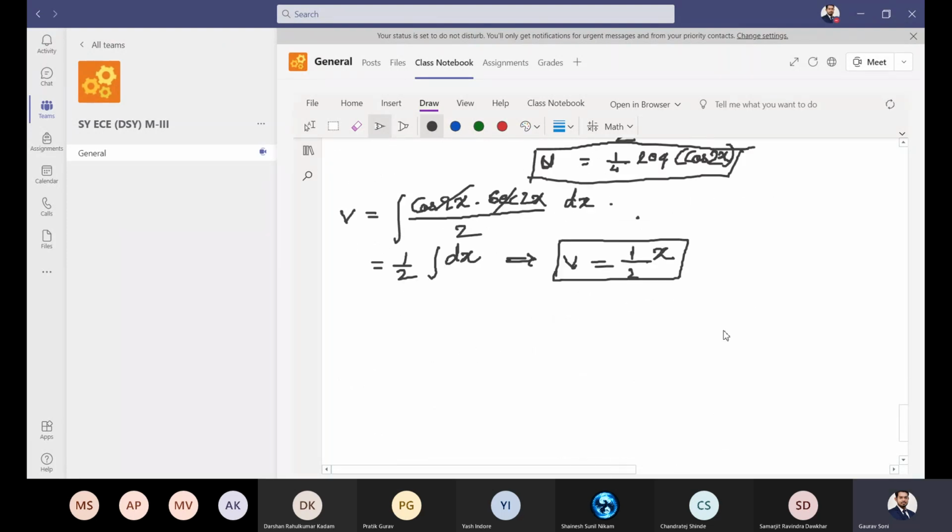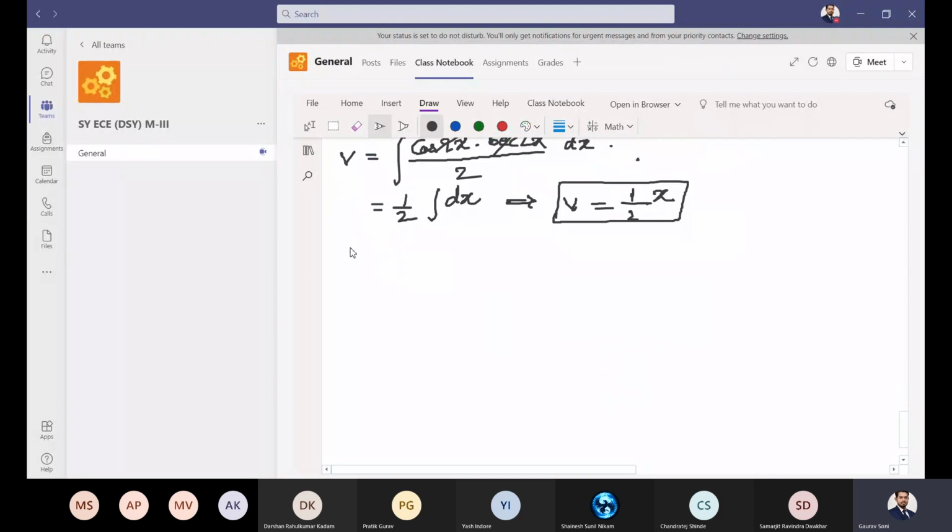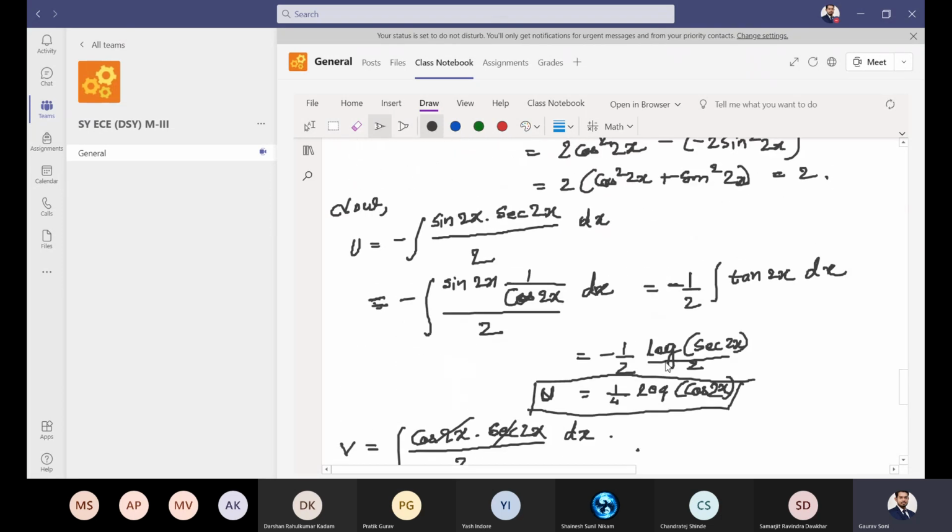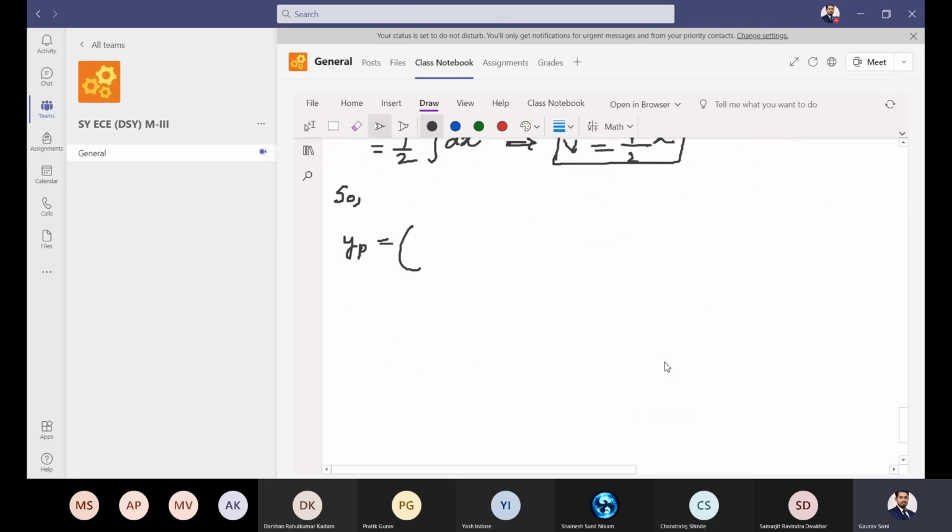So we have got u, we have got v. We just have to place it in the formula. So yp is equal to, what is the value of u? U is equal to 1 by 4 log of cos 2x, plus into cos of 2x.